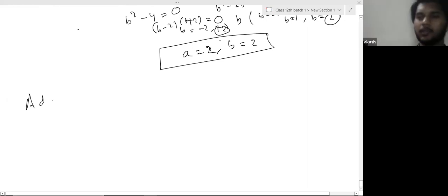This equality of matrices is clear, I guess. No matter what question you get, I think you will be able to solve it. Addition of two matrices.